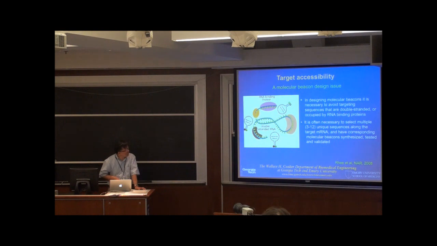One specific issue in terms of engineering design is that you need to be careful in designing a molecular beacon, because even if you identify specific sequences for a molecular beacon, it may not give you signal. The reason is that in a living cell you never have just the messenger RNA. The messenger RNA molecule is always complexed with RNA binding proteins.